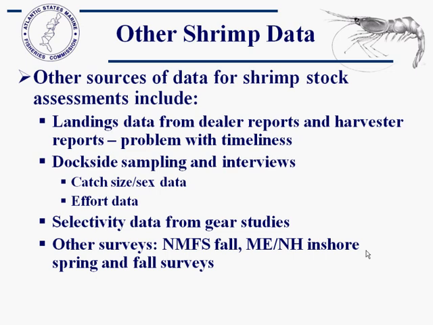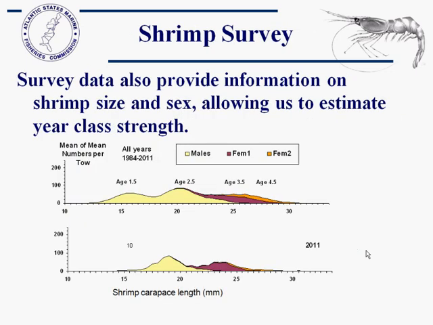Okay, so this is from the summer survey. I have it with me, but we don't have a slide of what the catch size looks like. But usually they don't get much of that, and they get a lot of this and a few males.